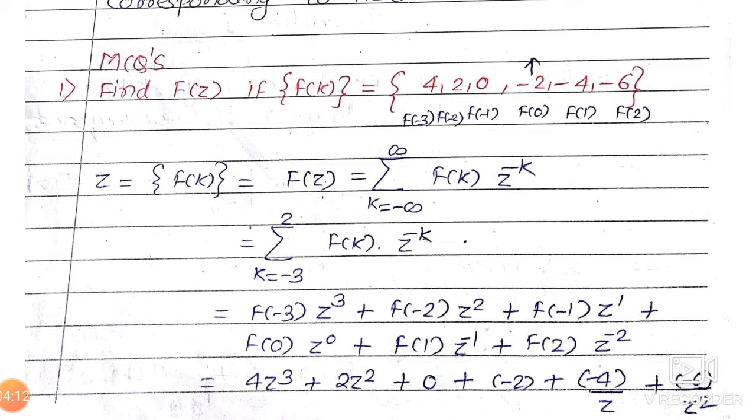So the next term is f of minus 2 z raised to minus of minus 2, that is z squared, plus the next value k equal to minus 1, f at minus 1 z raised to minus of minus 1, plus the next value k equal to 0, f at 0 z raised to 0. Next value k equal to plus 1, that is f at 1 z raised to minus 1, plus the next value k equal to plus 2, that is f at 2 z raised to minus 2.